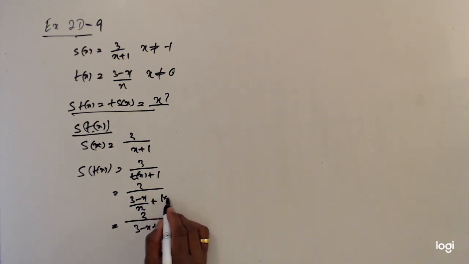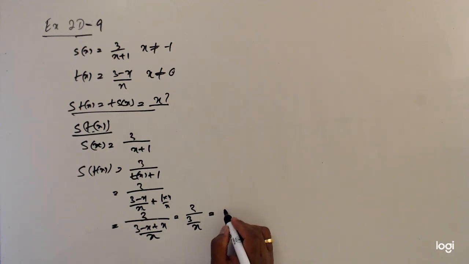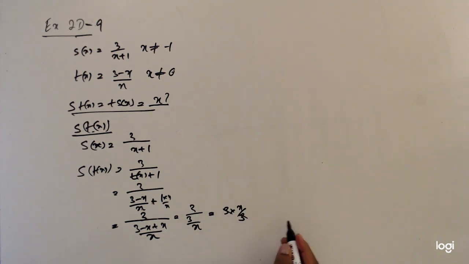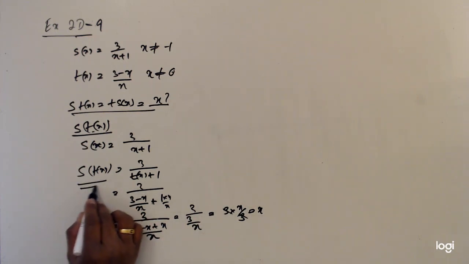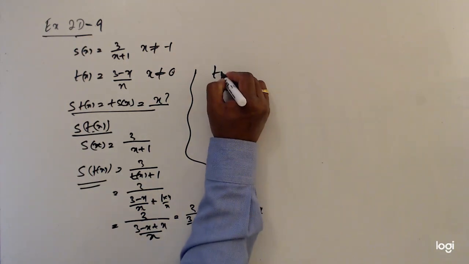I'll multiply the 1 by (x plus 1) over (x plus 1), so the minus x plus x cancels out, leaving 3 over 3, which is 1, and so 3 times x over 3 gives x. So ST(x) is x.